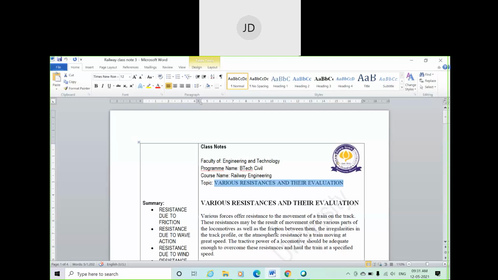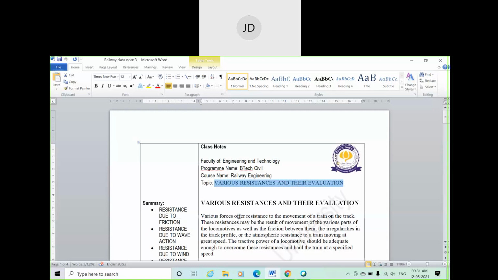If this is a passenger train, passenger compartments will be added with the engine or locomotive, or suppose it is a goods carrying wagon. Whatever it is, we have two parts: one is locomotive, another one is your wagon. Fine. So there is some connection between each and every compartment or wagon and the locomotive.